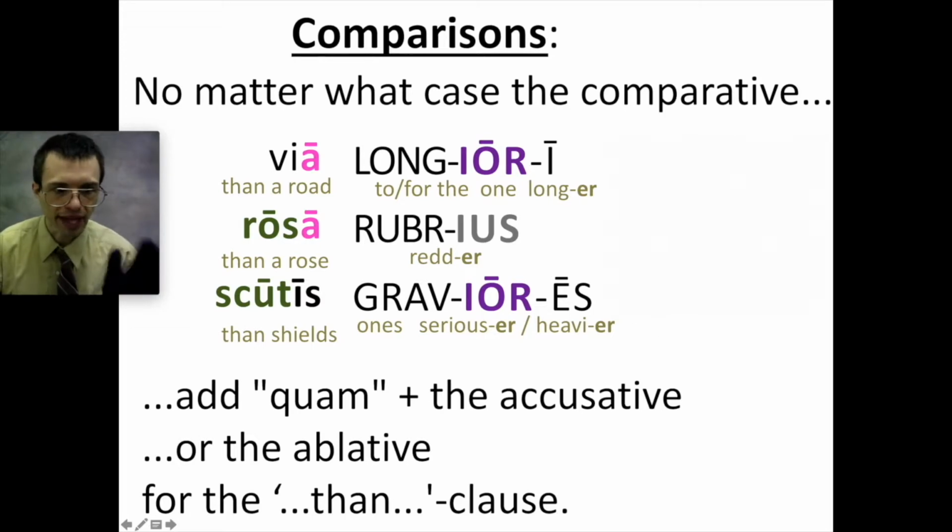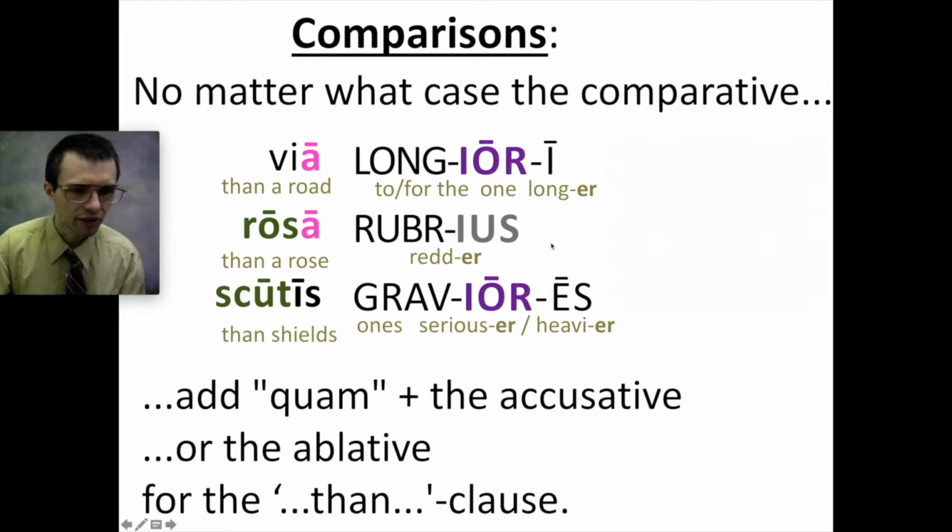That's the word that means than. When I see an ablative snugged up against a comparative like this, what I think of is, in the context of a rose, there's something redder. Like the rose is the background circumstance or context or situation in which something else is redder. So think about that.